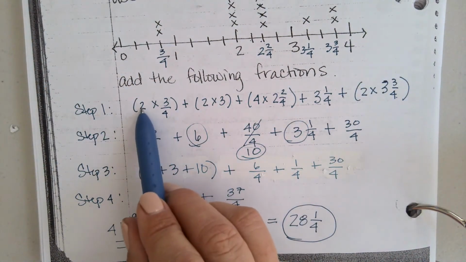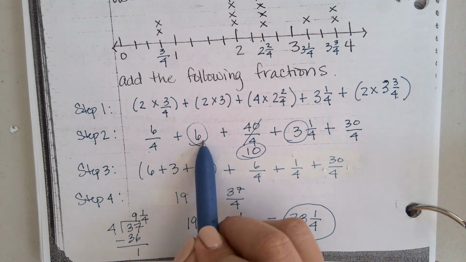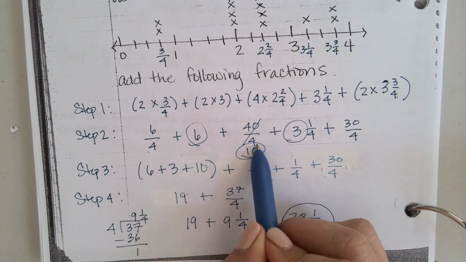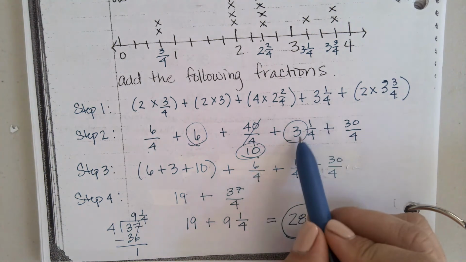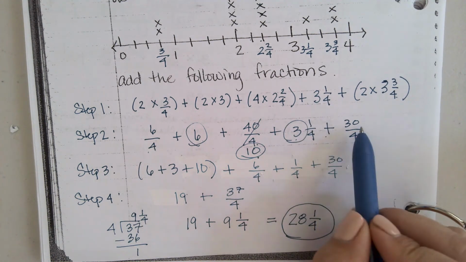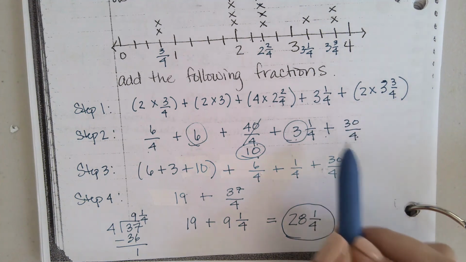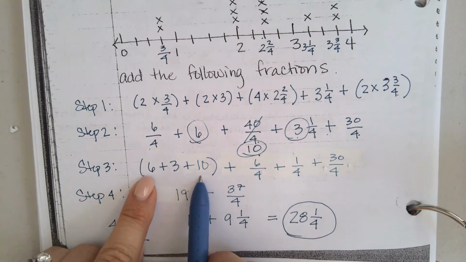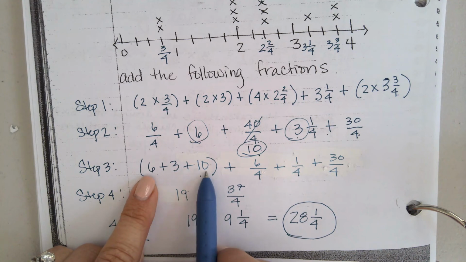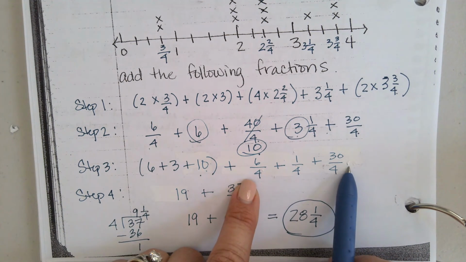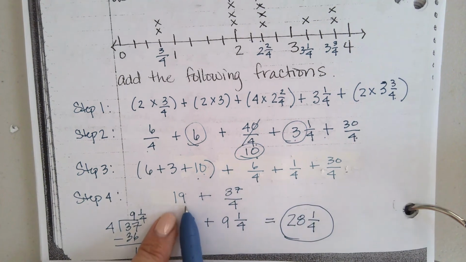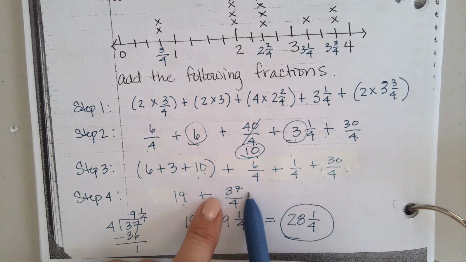Then I ended up with 2 6/4, 6 plus 40 over 4, which I realized is really 10. Then 3 1/4 plus, this becomes 30 over 4. So now what I did is I pulled out the whole numbers, 6 plus 3 plus 10, and then I kept my fractions and added my fractions together, which comes to 19 plus 37 over 4.